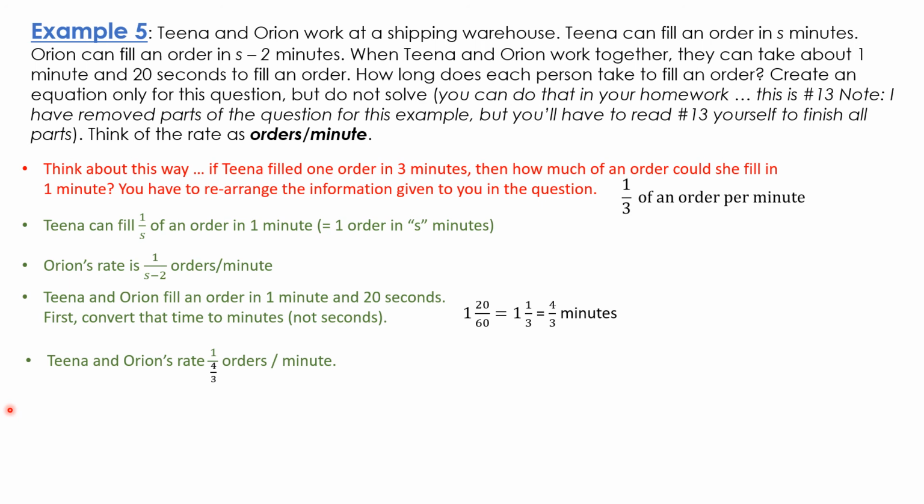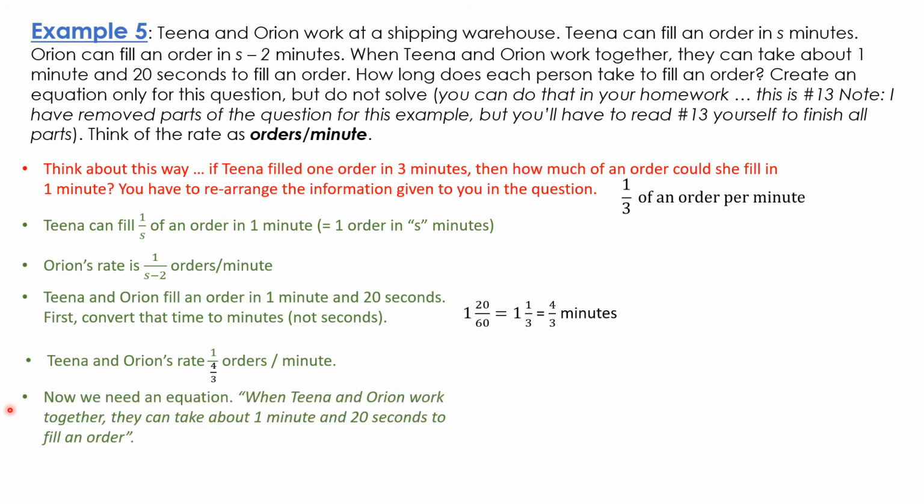So their rate is 1 over 4/3, 1 over 4 over 3. We're going to fix that fraction in a minute. Now we need an equation. So let's look at this sentence from the question. When Tina and Orion work together, they can take about 1 minute and 20 seconds to fill an order. So how do I put this into an equation?